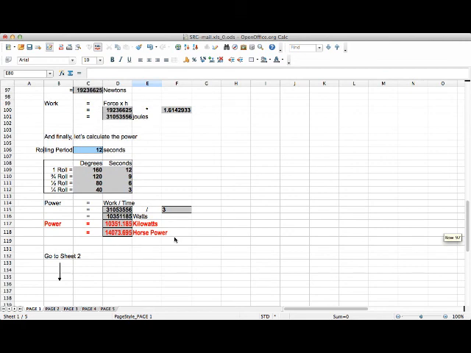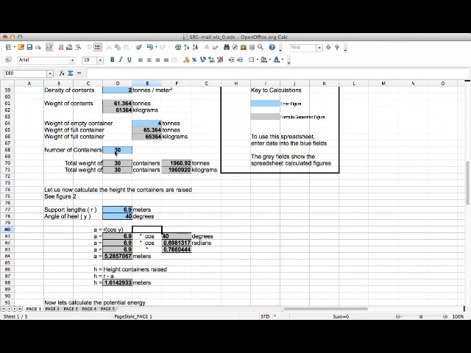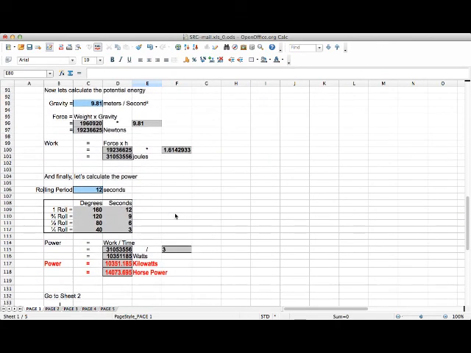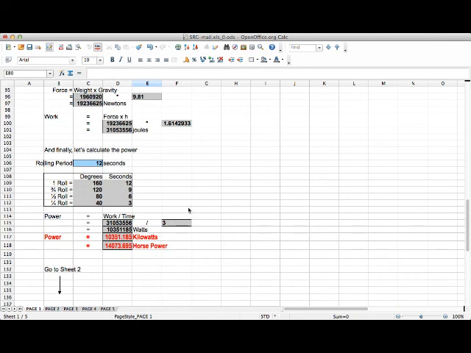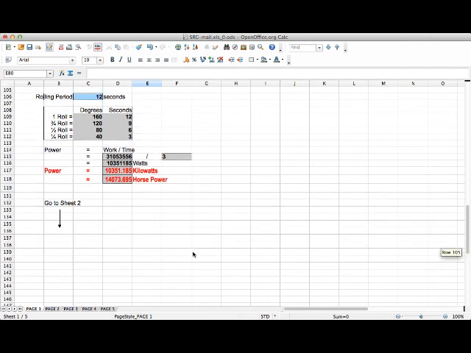So 10 megawatts, that's actually quite good compared to, for example, a wind turbine, which is 2 megawatts. Oh, but did I mention though, I said that there would be 30 containers in the ship. So with 30 containers and the ship rolling 40 degrees, the maximum power I could get is somewhere around 10 megawatts. So, compared to a wind turbine, not too bad.